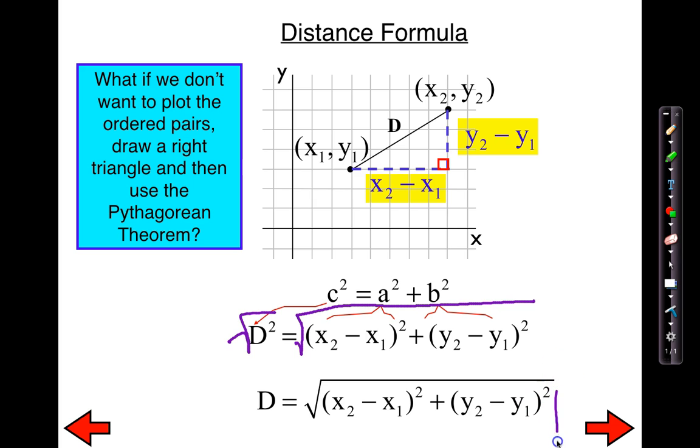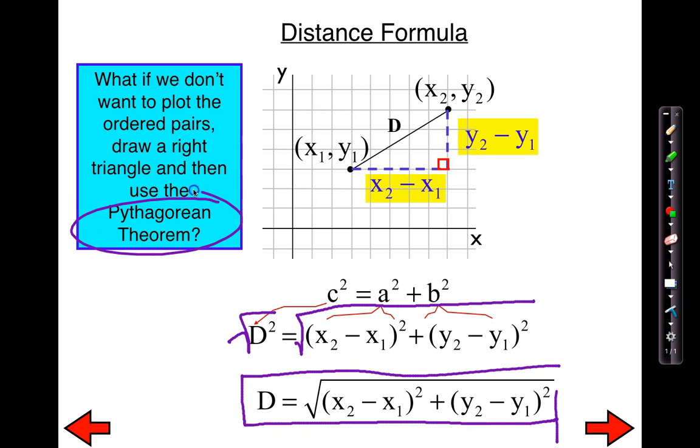So this here, I know it's a little intimidating because it's pretty lengthy, but this is your distance formula. Please understand the distance formula is derived from the Pythagorean theorem, so if anything fails, please go back to drawing a right triangle, figuring the height, figuring the width of the right triangle, and go from there.